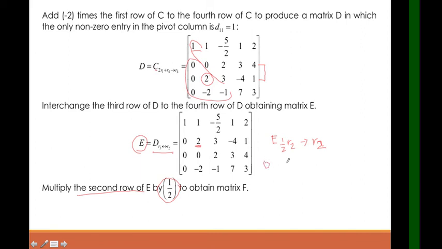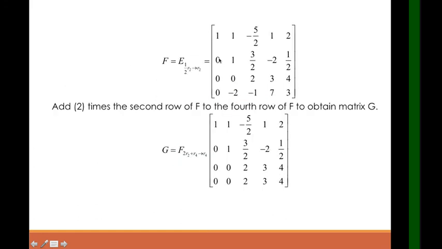So, 0, 1, 3 over 2, negative 2, and 1/2. Okay? So, ito na yung bagong row 2.